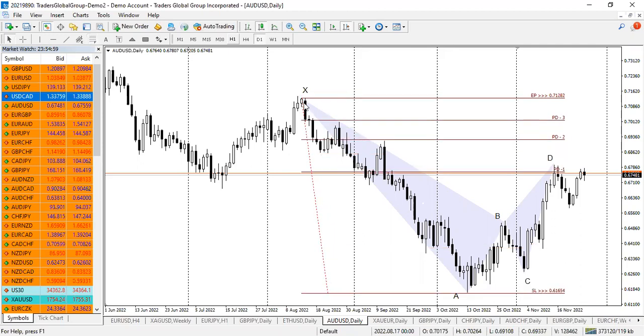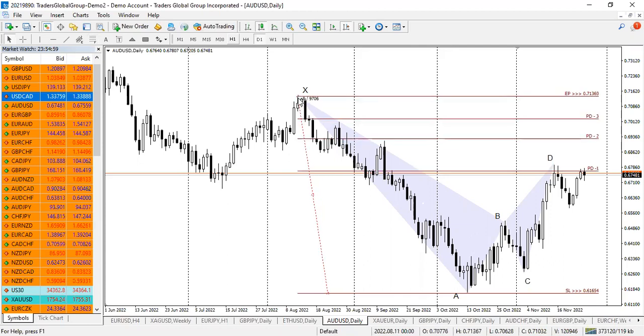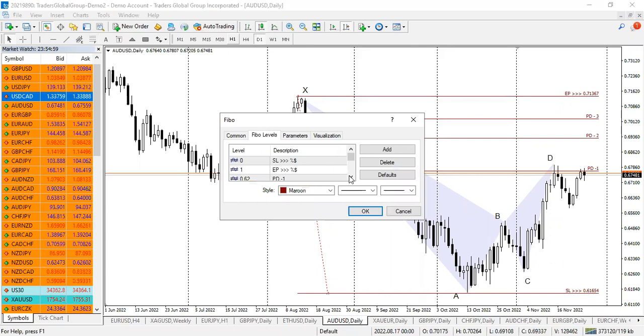Oh, this is another chart. This is not the chart where I fixed my Fibonacci levels. All right, so let me put these Fibonacci levels here. X to A, this is 78.6. This is 88.6.